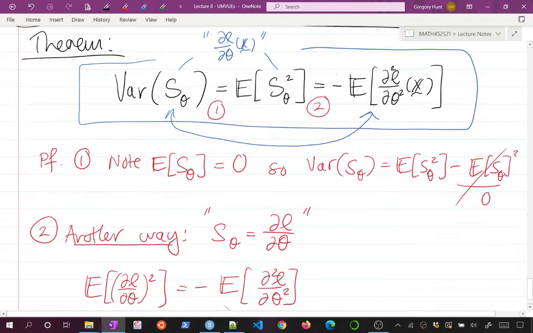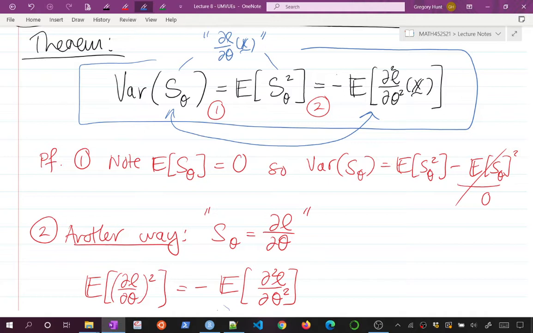And what it tells us is that the variance of this score function is somehow related to that concavity, at least in expectation. And so we're going to expect, and we will show, maybe this lecture, maybe next lecture, that this quantity tells us a lot about how much information our sample contains about our unknown parameter.